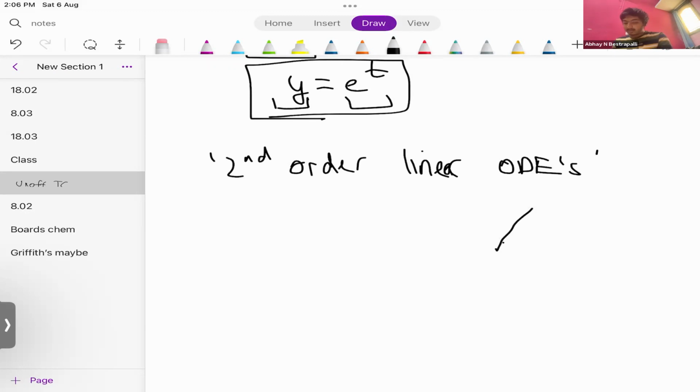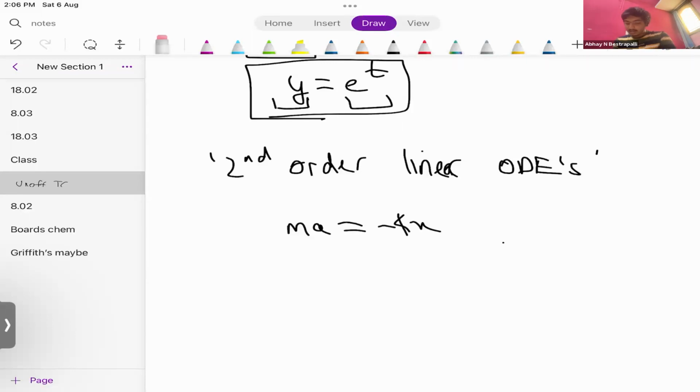To come up with this equation, I want to use a little physics as inspiration. Let's think about what happens when we're thinking about an equation for a pendulum, or something like that. Let's take a spring. A spring has an equation like this: ma is equal to minus kx.